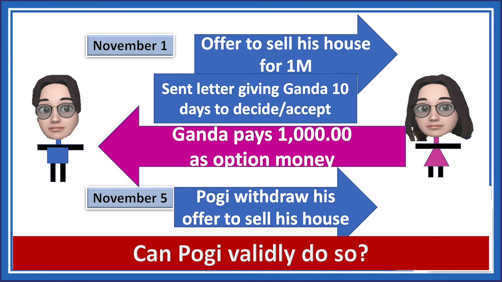Diba? Yun yung sinasabi ng last phrase na except when the option is founded upon a consideration. Dito, nagbayad nga si Ganda ng 1,000 pesos. So, hindi basta-bastang makapag-withdraw si Pogi pending that 10-day period na binigay niya kasi nagbayad si Ganda for that.